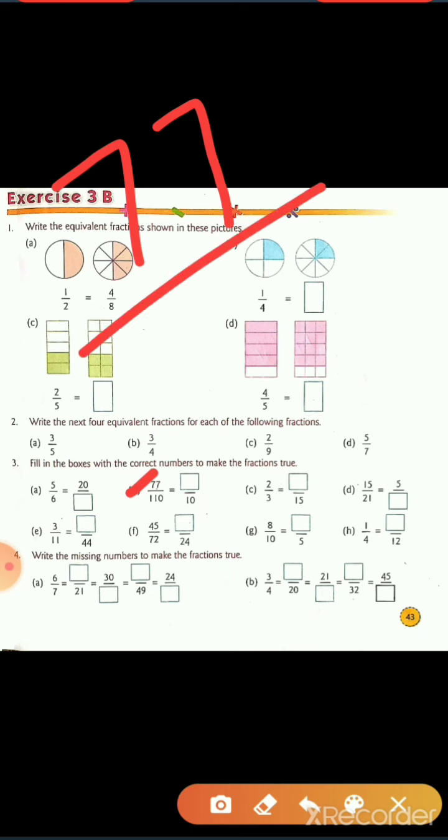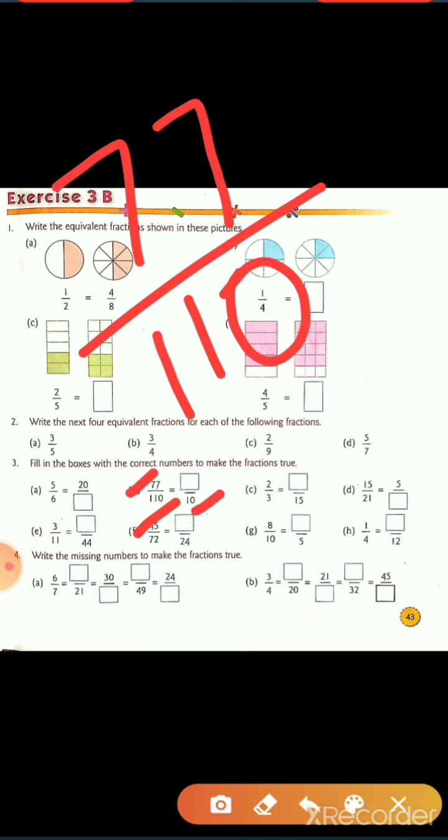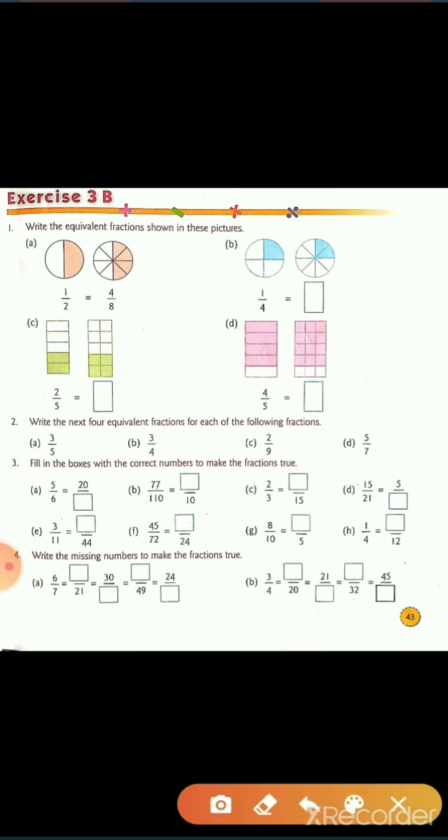Okay, the B, 77 by 110. In the equivalent fraction, the denominator is 10, which is lesser as compared to the first fraction's 110. So here division is done. How will we convert 110 into 10? If you divide 110 by 11, then only we can get 10.